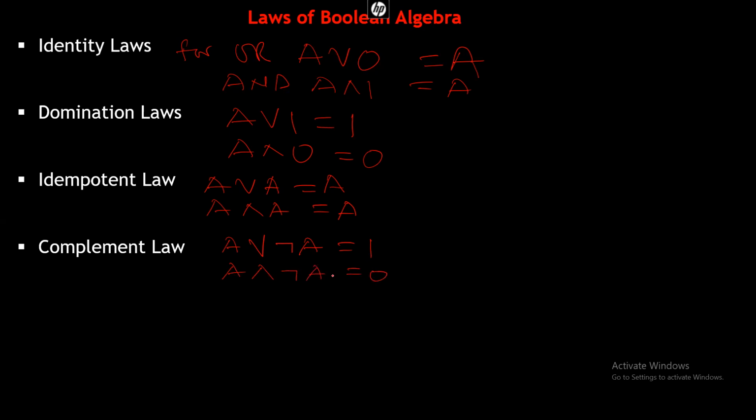Now let's look at commutative. Commutative allows us to also switch it this way. So for AND, when you do that for AND too, it allows us to commutate.